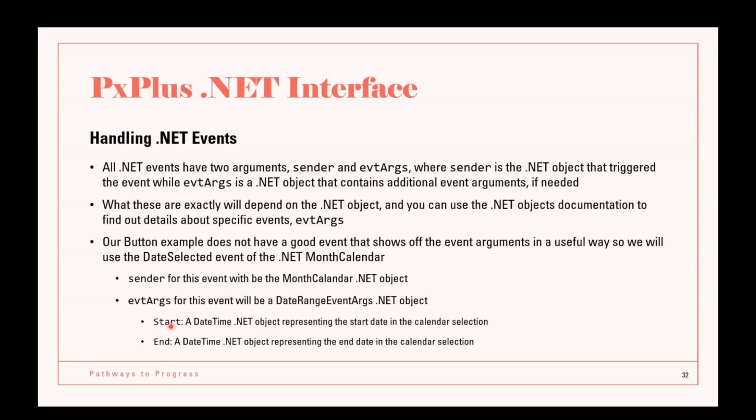So start is a datetime representing the first date in the range selected, and end is the end date in the range selected. So if you can imagine, you have a calendar, you select a period, like you select 3 days in the month. The first day selected will be start, the last day selected will be end in that range.